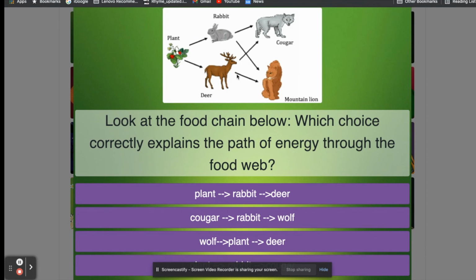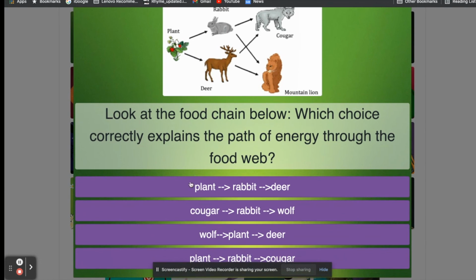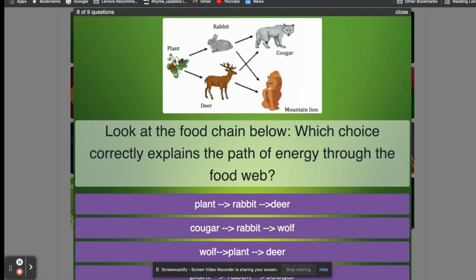So let's look at our choices. Which one of these choices is correctly showing how the energy is being transferred through the food web? Our first option says plant, rabbit, deer. Is that correct? Our second choice says cougar, rabbit, wolf. Is there even a wolf on this food web?